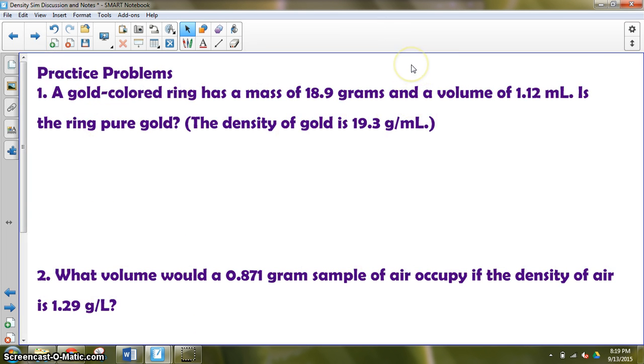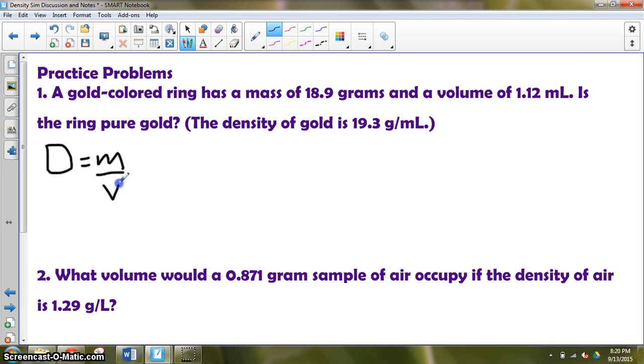Now, if we were to apply that to some practice problems, the first thing we would always do is look to see what variables are in the problem. Remember that our density equation is density is equal to mass over volume. So I want to look in my problem and see, are any of those variables there?